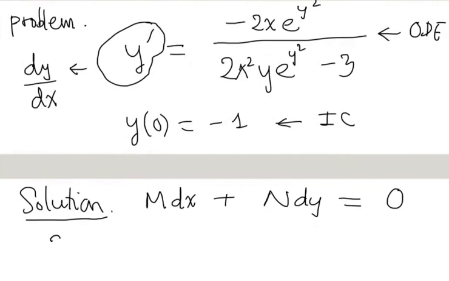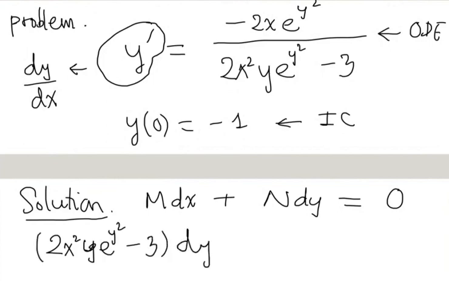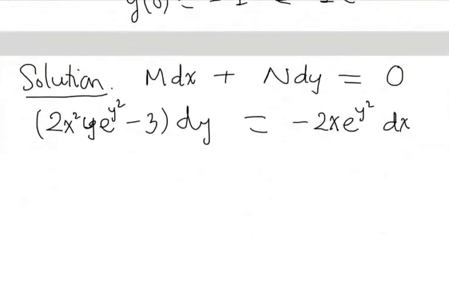We get that on the left side, we have 2x squared y e to the y squared minus 3 in parentheses dy equals minus 2x e to the y squared dx. And we need to move everything to one side.